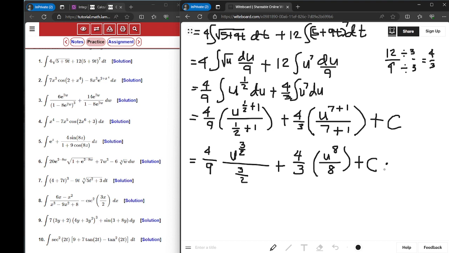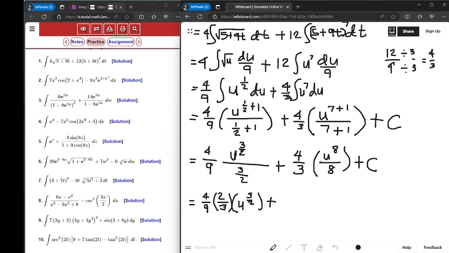Before that, we have to simplify this first. So this is 4 over 9 times 2 over 3 times u to the power of 3 over 2.